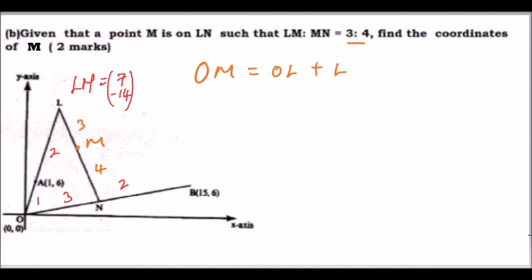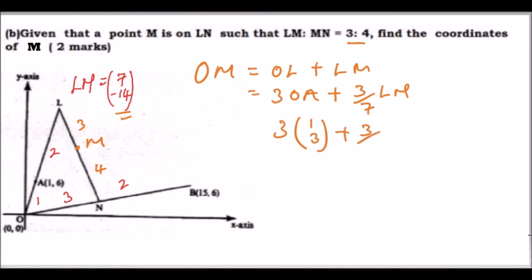plus LM. So we know that OL is the same as 3OA. Then we have plus LM, which is a fraction, so we say it is 3 out of 7 of LN, and we had worked out LN in part A. So this is equal to 3 times our OA, which is (1, 6), and we have plus 3 over 7 times our LN, which is (7, -14).